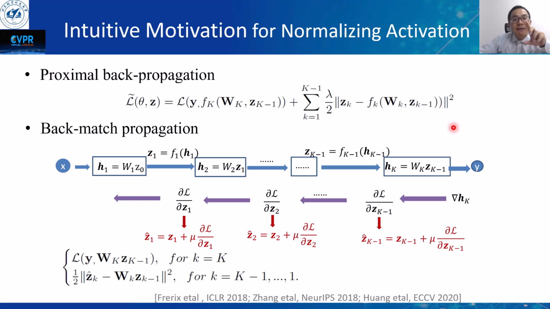If lambda equals infinity, this optimization process reduces to the standard backpropagation algorithm. Indeed, we can also use the back-matching propagation algorithm proposed in Zhang et al. to optimize Z and W jointly.